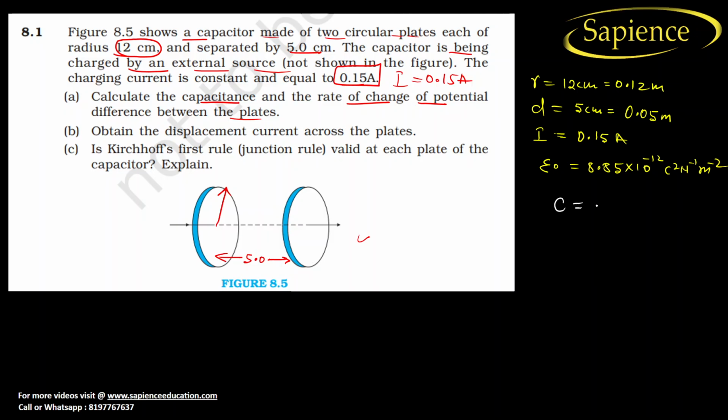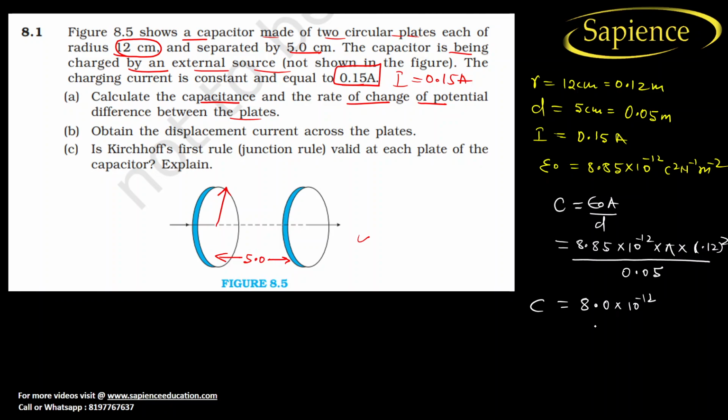We know very well that the capacitance is equal to epsilon naught A divided by d. We put the values: 8.85 into 10 to the power minus 12, into area, which means pi into radius square, that is 0.12 whole square, divided by the distance 0.05. If you calculate it, you will get capacitance equal to 8.0 into 10 to the power minus 12, or we can say 8 picofarad. So this is the capacitance of the capacitor.